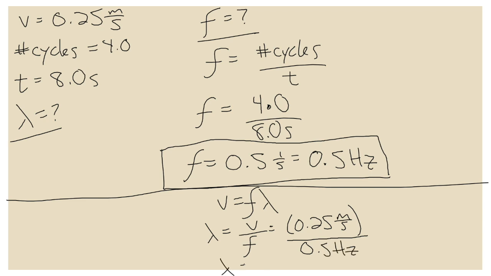And again, 0.25 divided by 0.5 is the same thing as 0.25 times 2, right? Dividing by a half is the same thing as multiplying by 2. And so we get 0.25 times 2, and that ends up giving us a wavelength of 0.50 meters, or a half a meter.